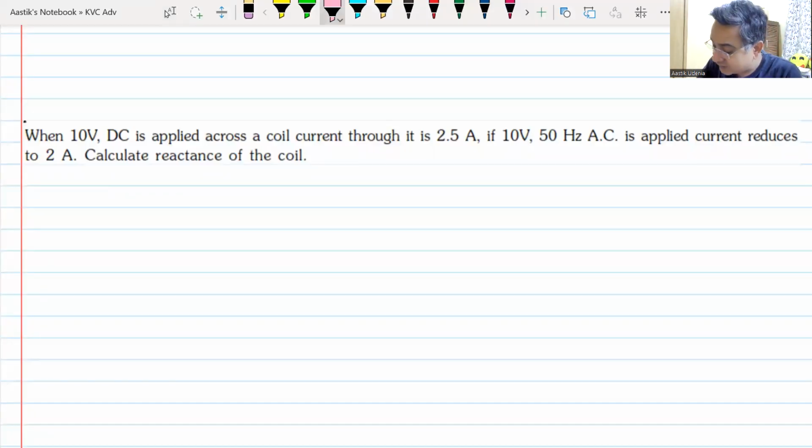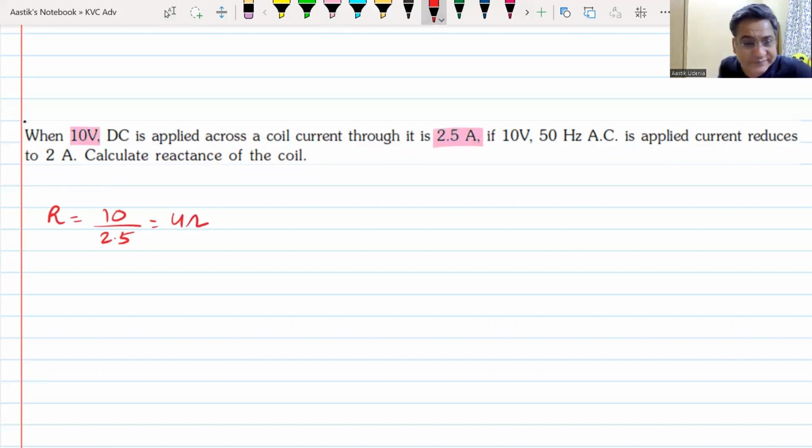When it is 10 volt DC, current is 2.5 ampere. From here, I can find out the resistance of the coil. Resistance of the coil will be 10 divided by 2.5, 4 ohms. When 10 volt AC is applied, remember that is RMS value.